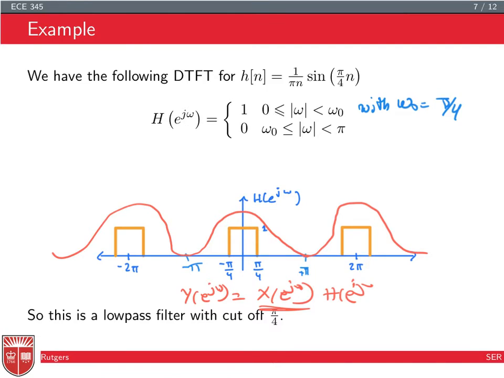So what remains is this part here of the signal. Only the low frequencies of the signal are going to survive, and then it's going to get zeroed out here. I don't know if you can see the green signal. Again, it's repeated here, so this part is going to survive. Only the low pass frequencies are going to survive, and this is why this is a low pass filter.